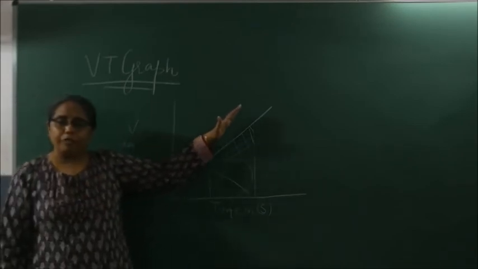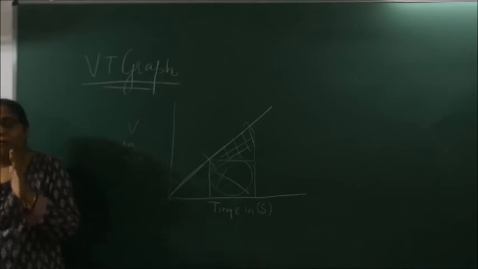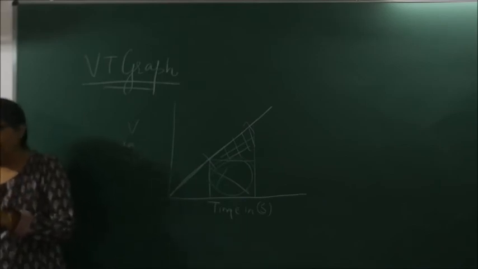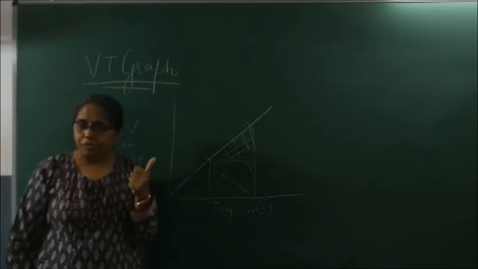The slope of the VT graph gives me what? Acceleration. The slope of ST graph gives me what? Speed. Slope of ST graph gives speed.